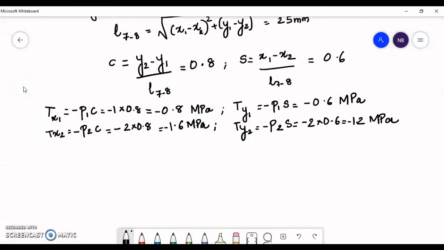Next, we find out the vector T, and that is for the length 7 and 8.